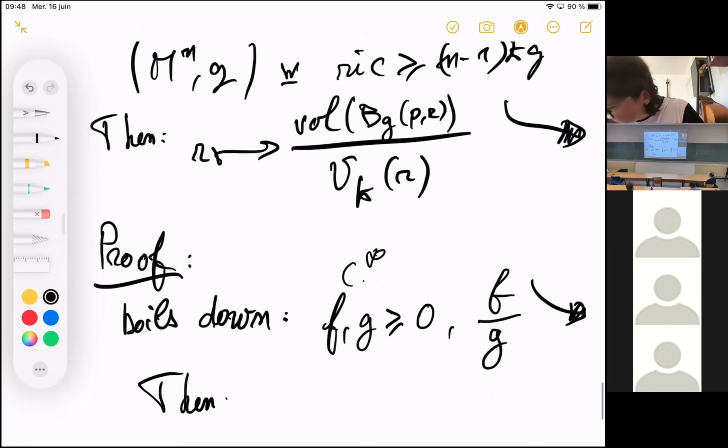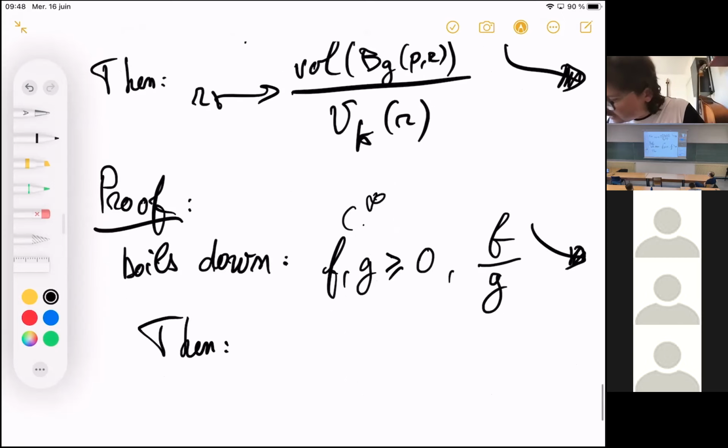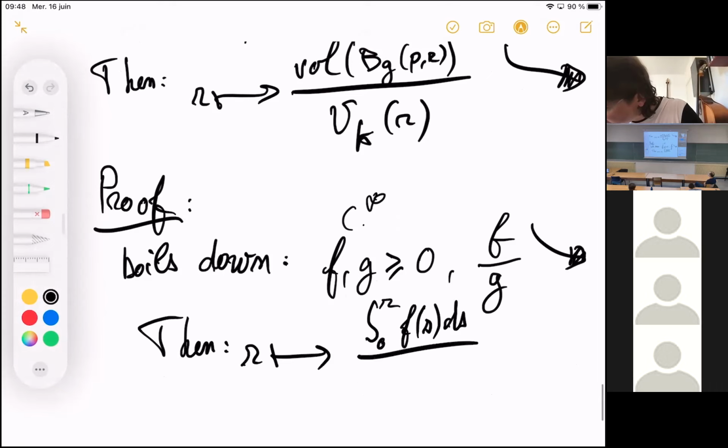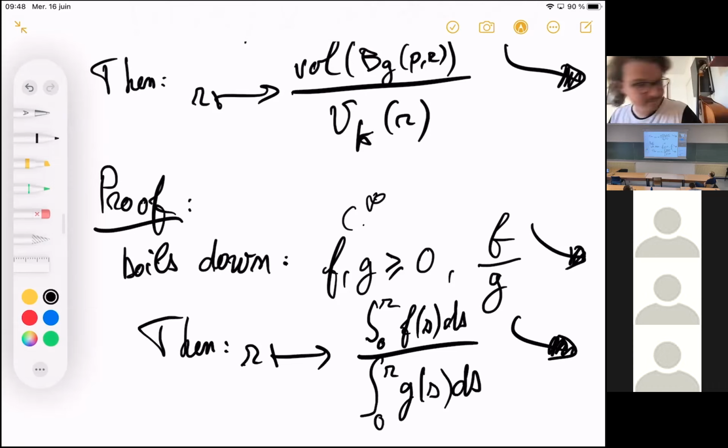Then R maps to the integral from 0 to R of f(s) ds over the integral from 0 to R of g(s) ds is also non-increasing.